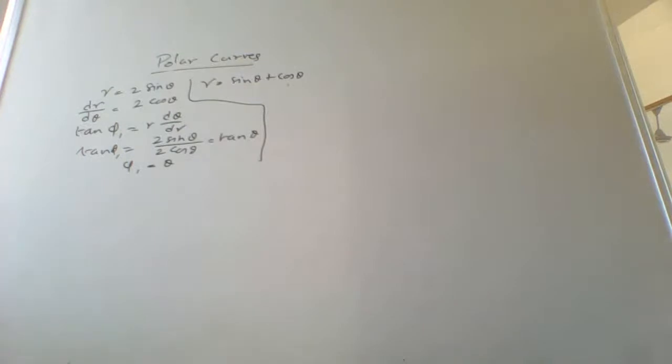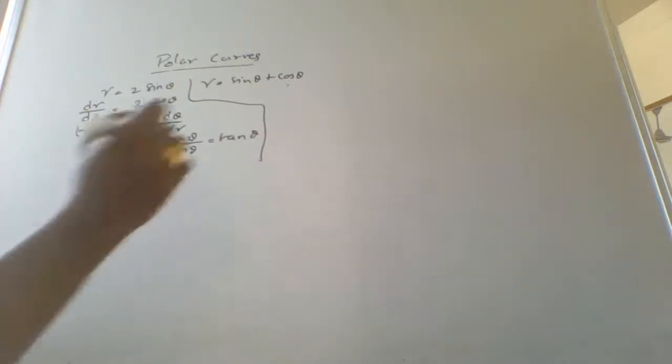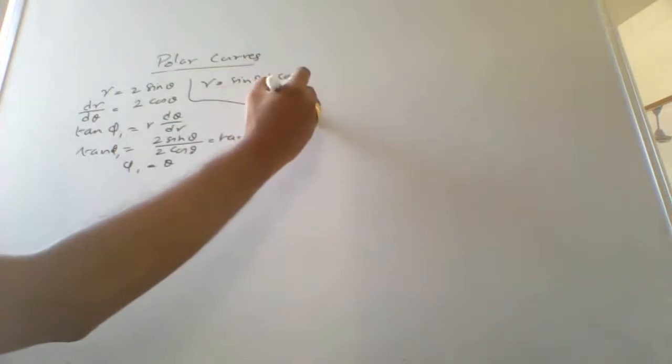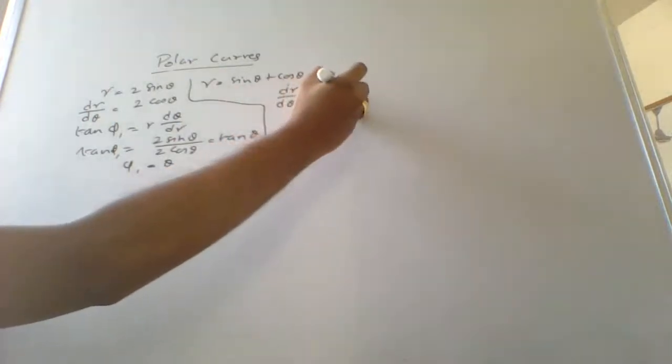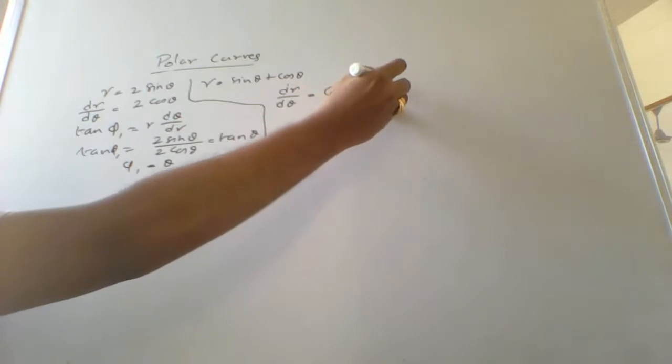Let us look at r is equal to sine theta plus cos theta now. Differentiating with respect to theta, dr by d theta would be cos theta minus sin theta.